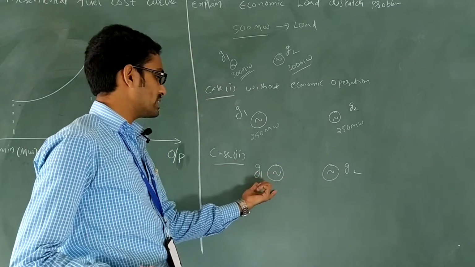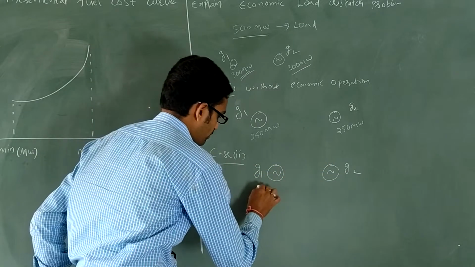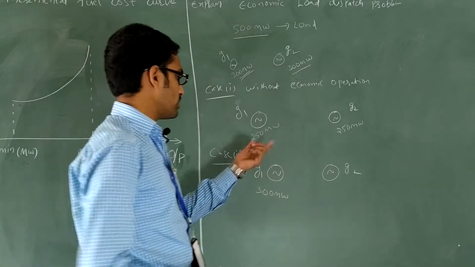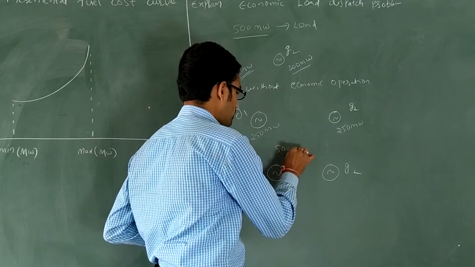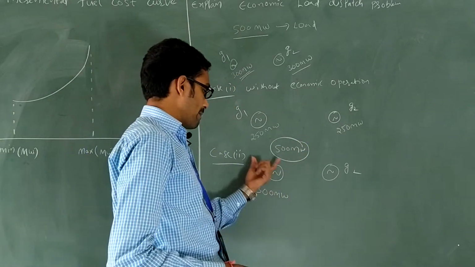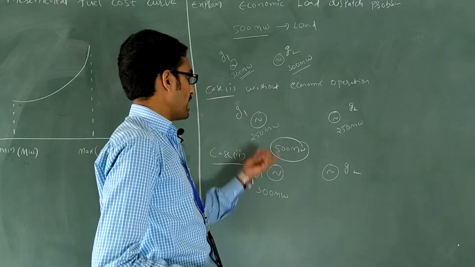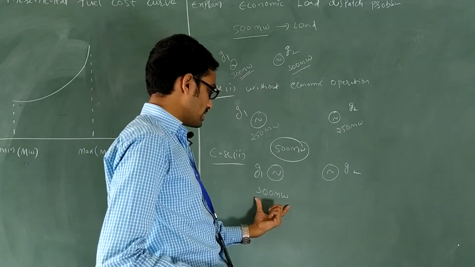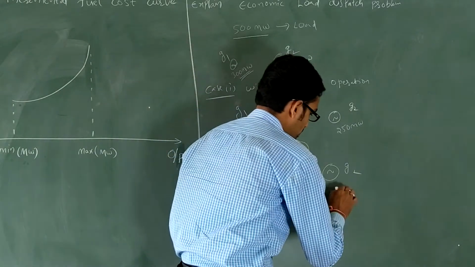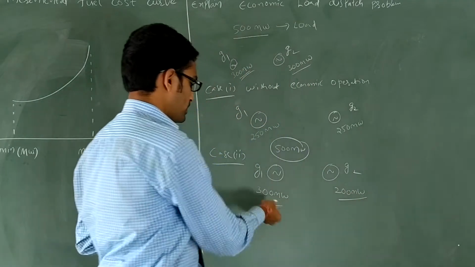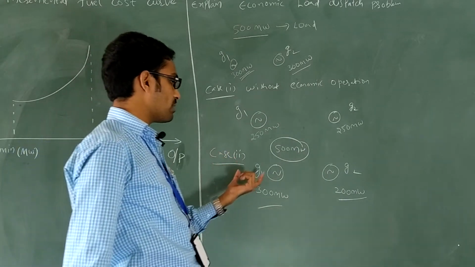Then you have to allocate the maximum generation to it, that is 300 megawatts. Whatever the load, 500 megawatts, should be distributed maximum to this one, as the maximum it can generate is 300 megawatts. So I am allocating 300 megawatts of load here, and for this one I am allocating 200 megawatts. That is the consideration of economic operation.